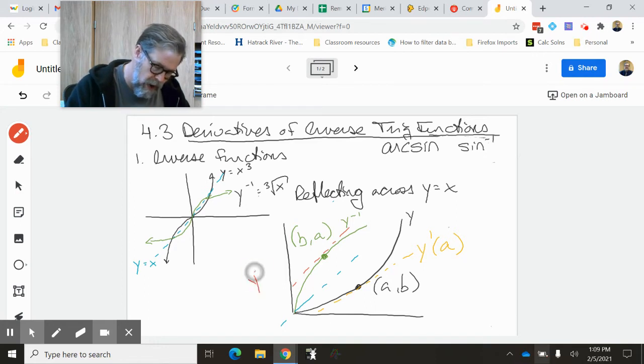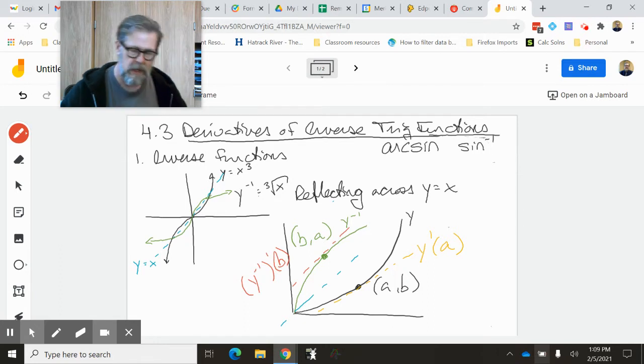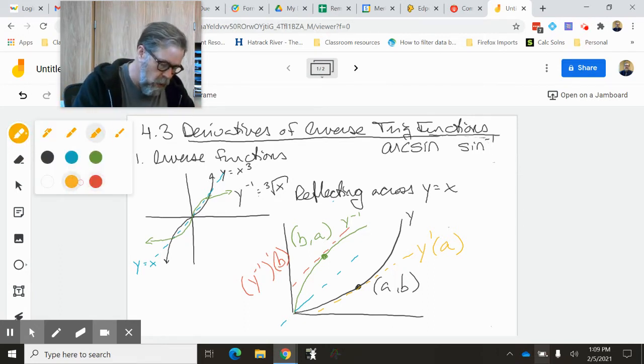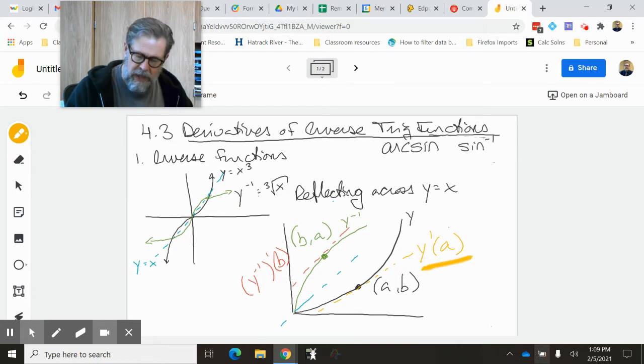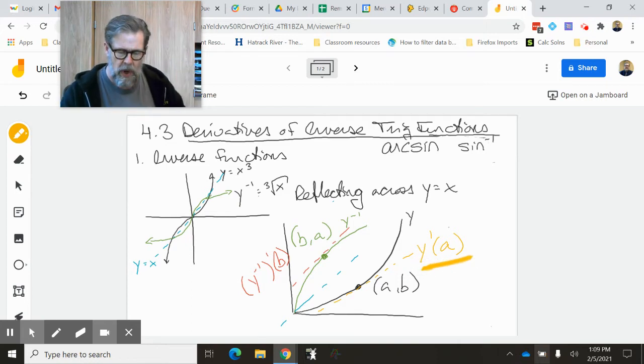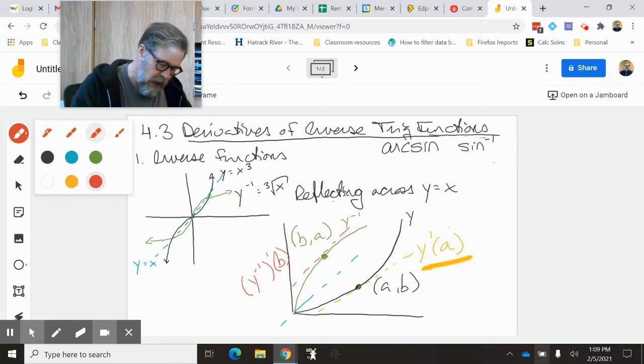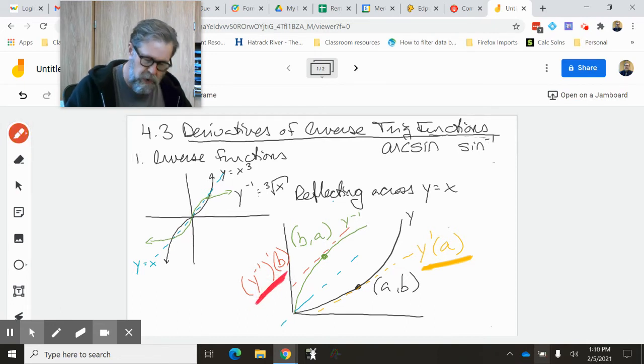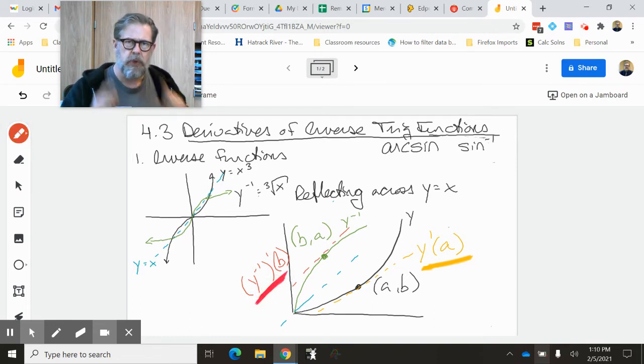This will be y inverse prime of b. Okay, lots of weird notation there. I've got y prime of a, the derivative of y at point a, and at the corresponding point on the inverse graph, I've got y inverse prime of b. So two tangent lines. So that's important.